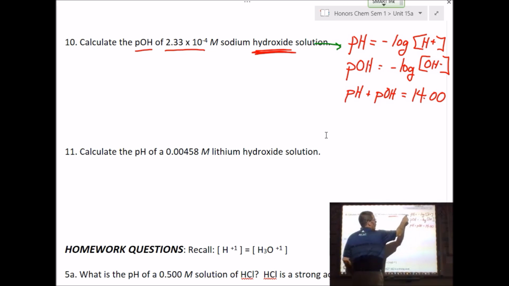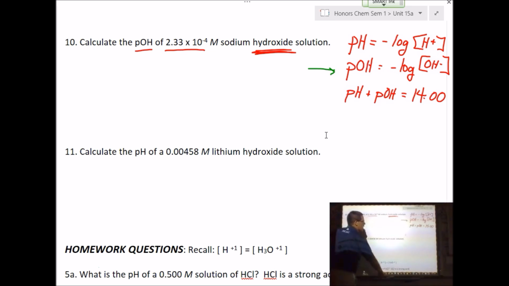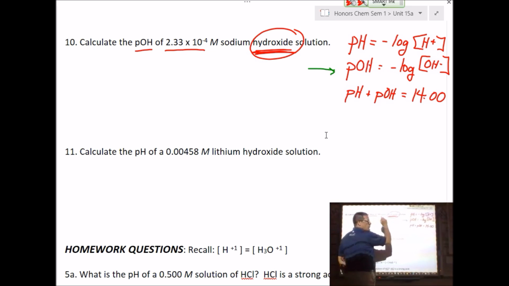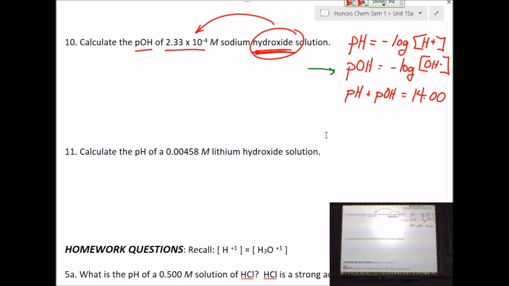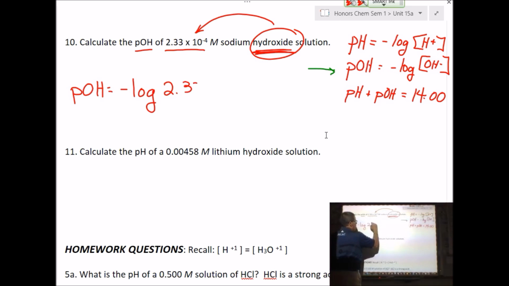So now, are we using pH or pOH? pOH, so we're using that equation. Do we have the hydroxide concentration here? Yeah, whenever you see hydroxide, again, we're going to say that it's strong. That's its concentration. Okay. Now, next year it gets a lot more fun, but this year it's super easy. So to find pOH, take the negative log of your value times 10 to the negative 4.